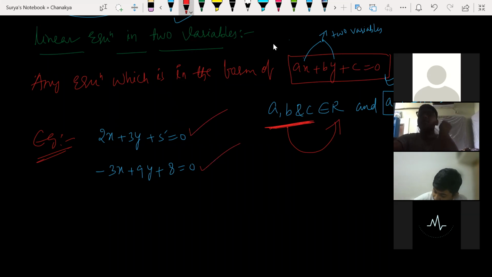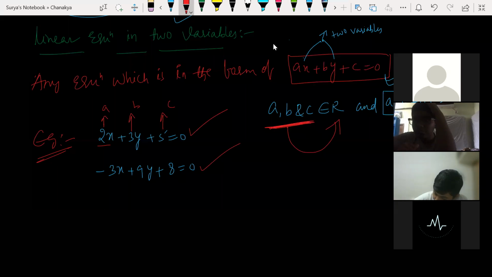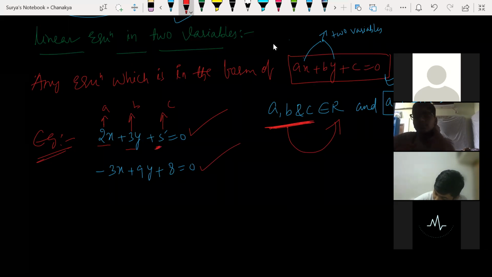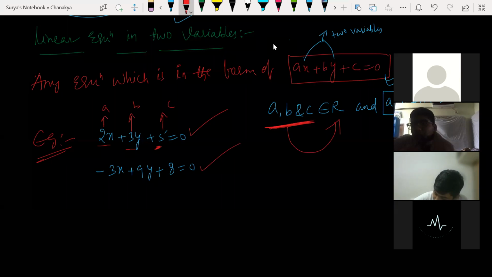Now look at this here. This is my a, this is my b, this is my c. Here a is 2, b is 3, c is 5. So 2, 3, 5 are real numbers, constants.